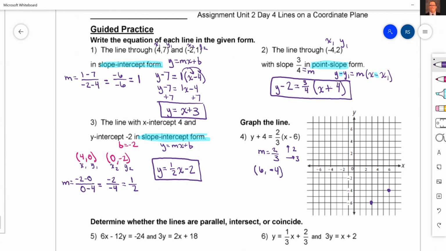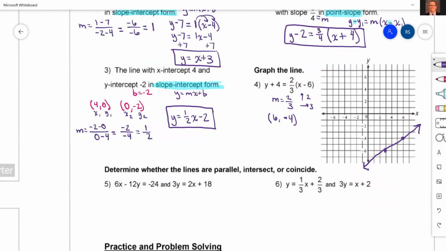Down 2. Oh, can't do that either. So my line will look something like this. Just barely catches the bottom corner of that graph.